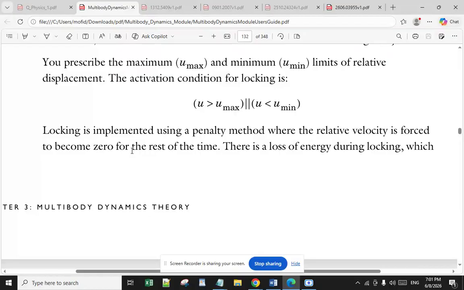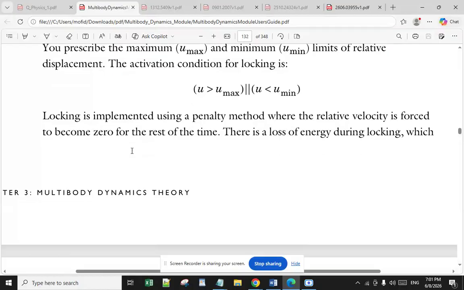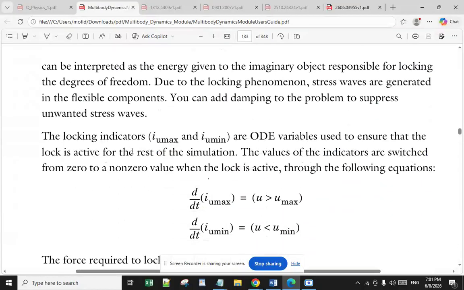Locking is implemented using a penalty method where the relative velocity is forced to become zero for the rest of the time. There is a loss of energy during locking, which can be interpreted as the energy given to the imaginary object responsible for locking. Due to the locking phenomena, stress waves are generated in the flexible components.